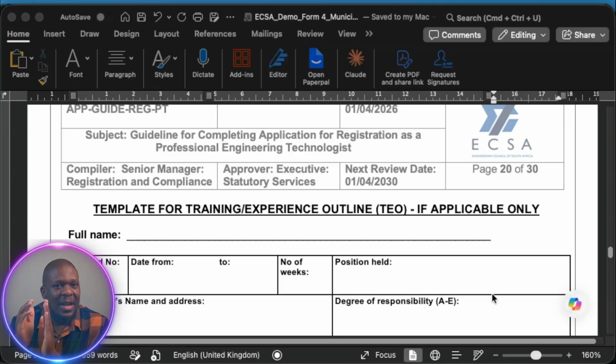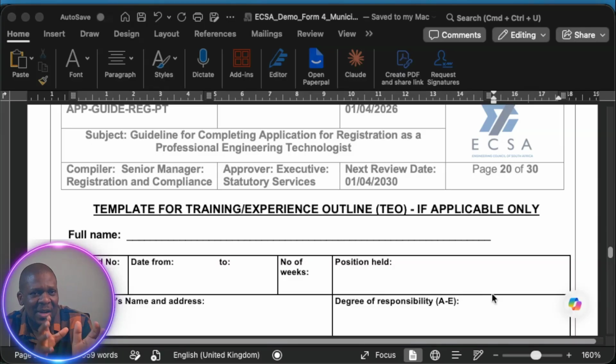However, the last 3 years must be the training and experience report. Let's take, for example, you have worked for 15 years, for 12 years. For 12 years, you will use the training and experience outline.